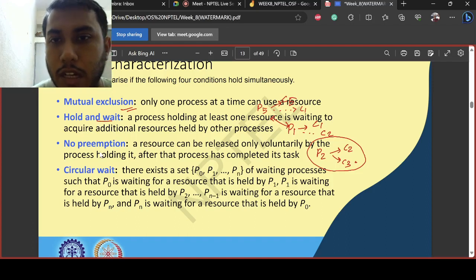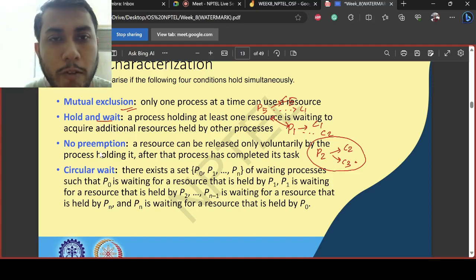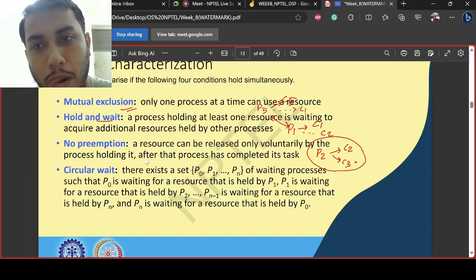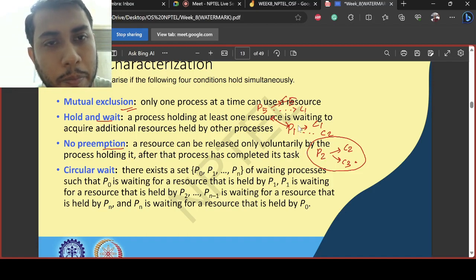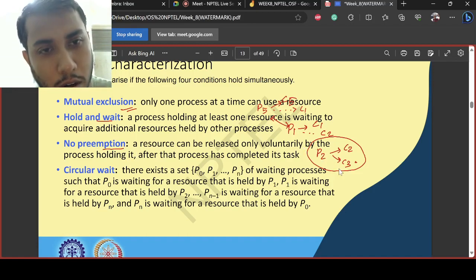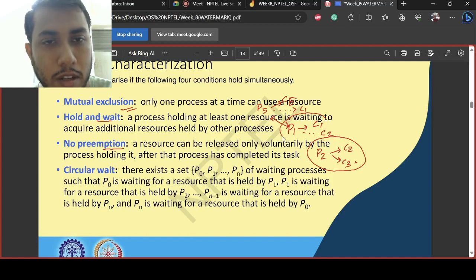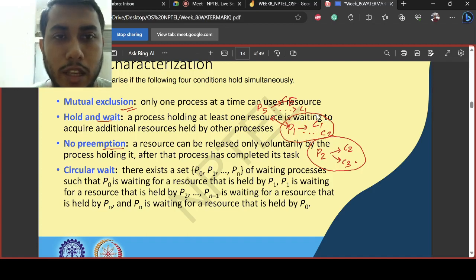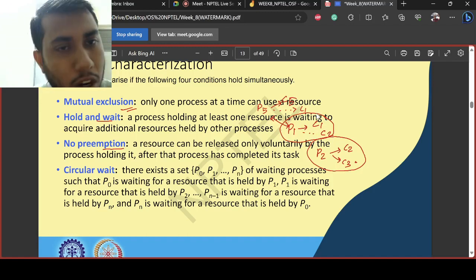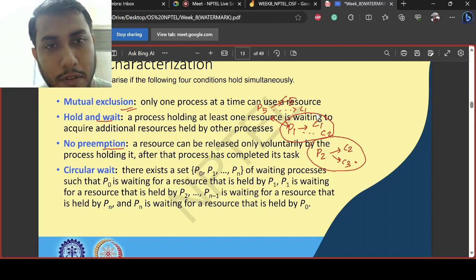Another is no preemption. A resource can be released only voluntarily by the process holding it, after the process has completed its task. So P2 will release C2 and C3 only when its eating is done. But what is the problem with P1? It is holding on to C1 and will not release C1 unless it has completed its task of eating the rice.